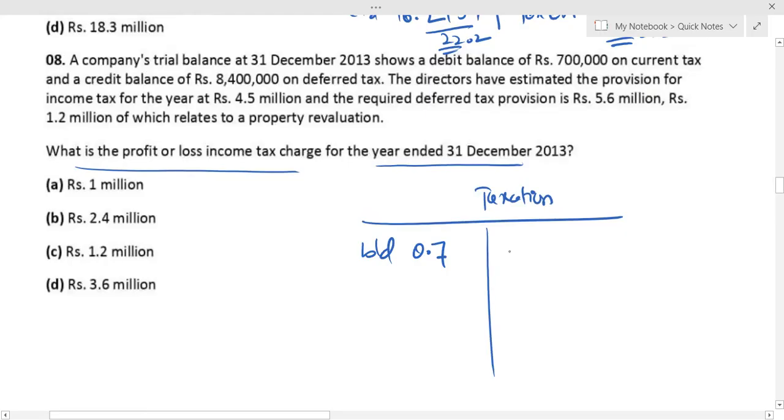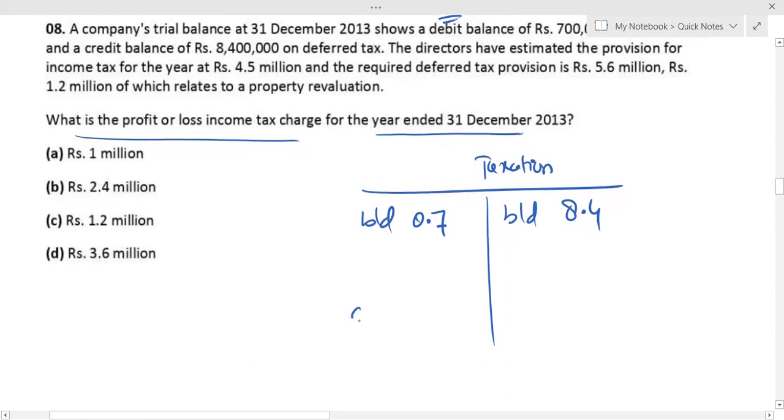Credit balance deferred tax 8.4 million. The directors have estimated provision for income tax for the year is 4.5, and required deferred tax provision 5.6, of which rupees 1.2 million relates to property revaluation.